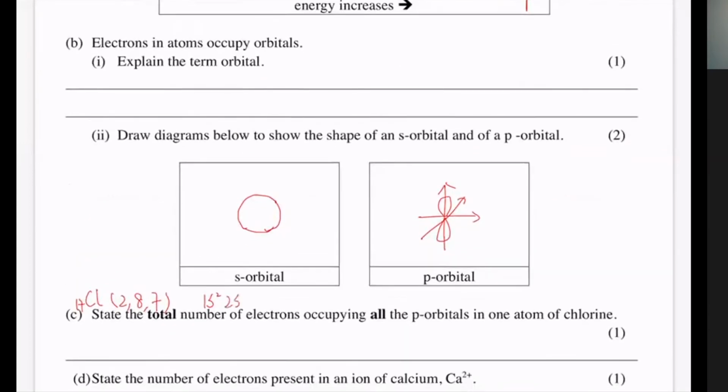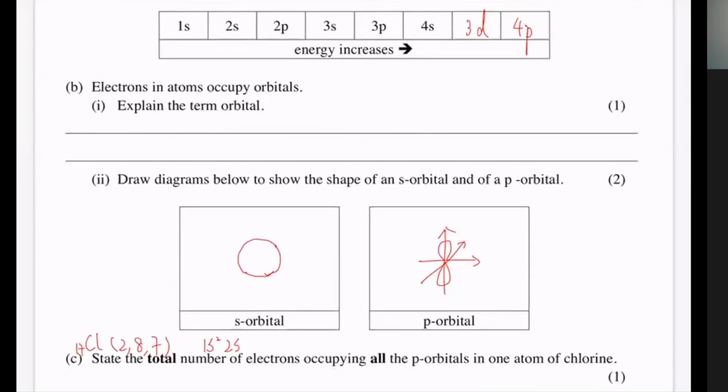How many? 2. Very good. After 2s, we should have 2p. How many in 2p? 6. Very good.